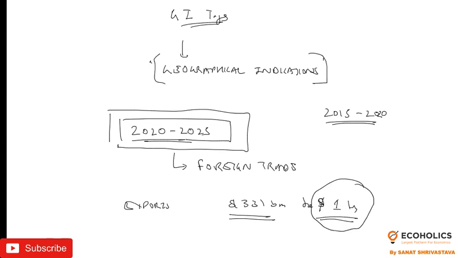Now first of all we need to understand the meaning of GI. This tag is given by the World Trade Organization. WTO members and their nations are progressively recognizing GI tags, geographical indicators, as valuable marketing tools, especially in the global economy.